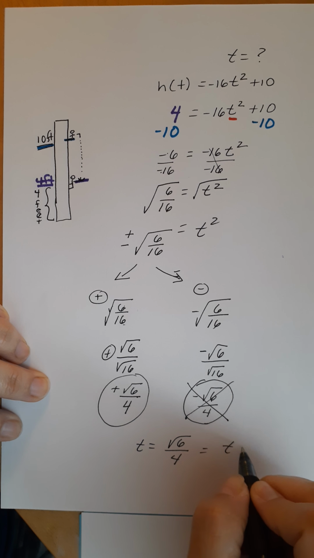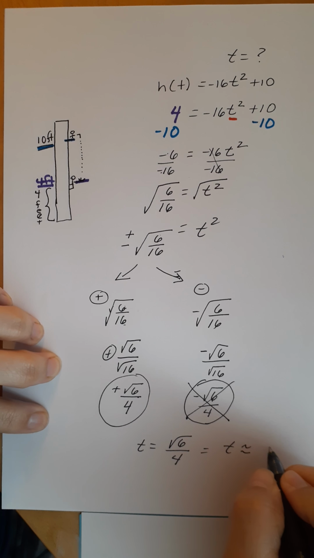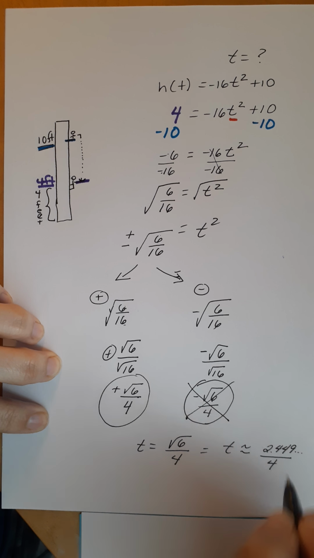We're going to make an approximation just to give it a decimal. We use our calculator. The square root of 6 is somewhere around 2.449, etc., divided by 4.